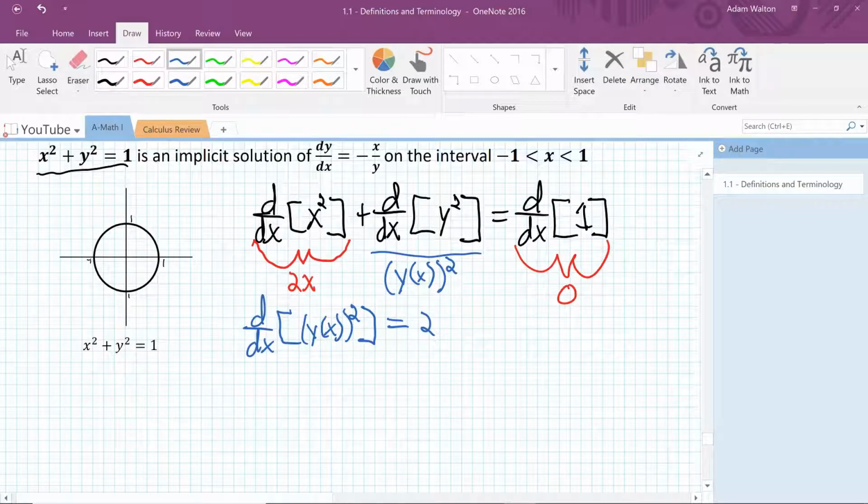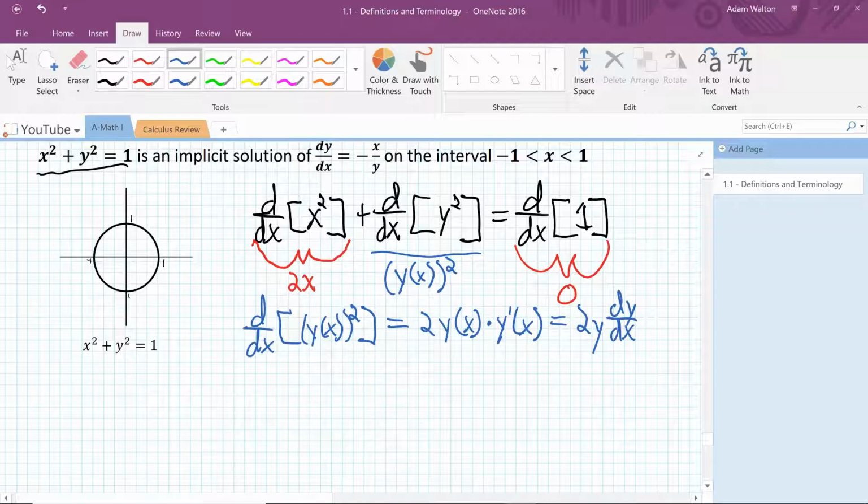This is just going to be 2y of x times the derivative of the interior, so y prime of x. But this y of x is for visualization purposes and understanding how this implicit differentiation is happening. We can change this y prime of x to the Leibniz notation and just rewrite this 2y of x as 2y. So this is equal to 2y times dy over dx.